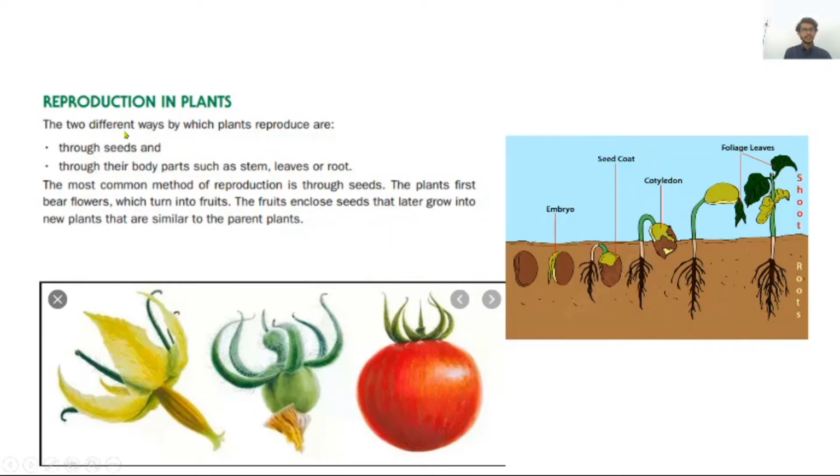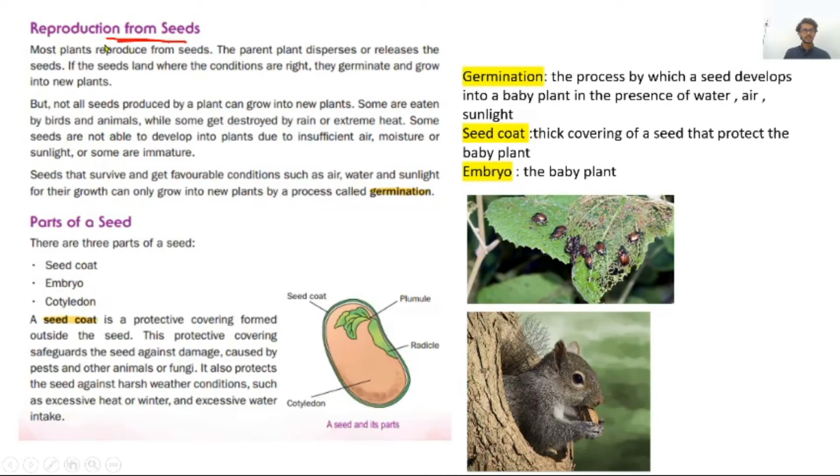First we will study this part, reproduction from seeds. Most plants reproduce from seeds. The parent plant disperses or releases seeds. If seeds land where the conditions are right, they germinate and grow into new plants.